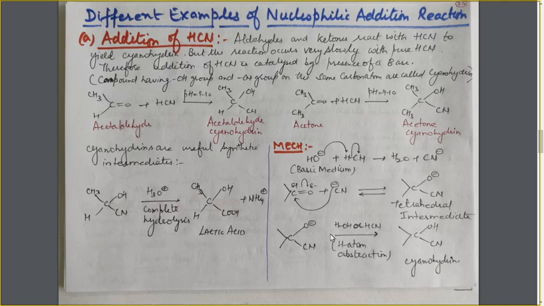Once it abstracts the H positive ion, the product cyanohydrin is formed. But during the abstraction of H positive ion from the water molecule, the OH negative ion is generated, which will again lead to the formation of more CN negative ion. And if the H positive is abstracted from HCN, then CN negative ion is formed, which will help in carrying out the first step again.